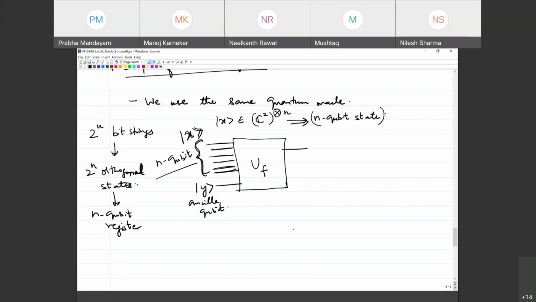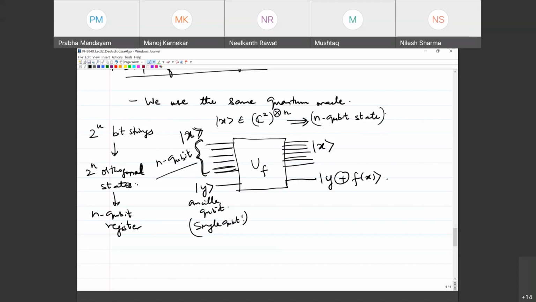The ancilla is a single qubit state. The output is again the x, which is an n qubit state. Nothing happens to the set of the data qubits, they remain ket x itself. That's the functionality of the oracle, right? And this outputs y XOR f of x.